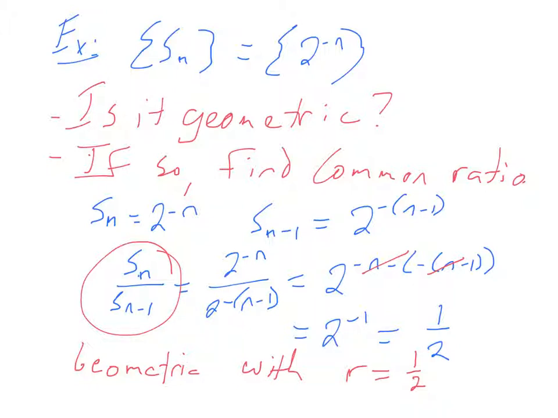Okay, so if we go ahead here and we think about this, let's look at a specific series here. If I have the series, let's say 2 to the n, just a really simple one. So let's say that we have some sequence a sub n, which is just 2 to the n, right?